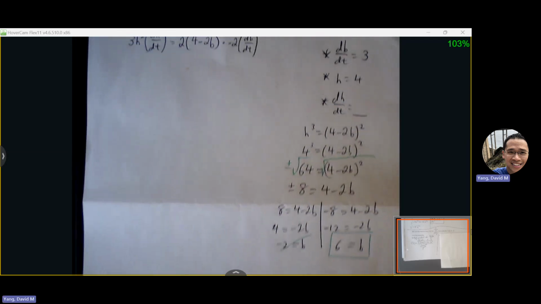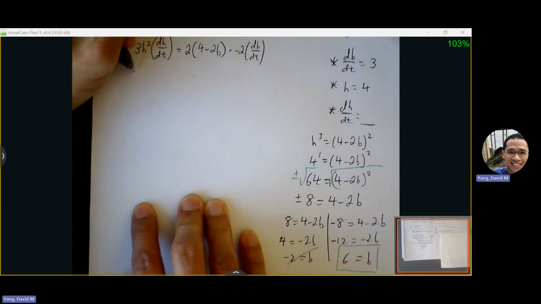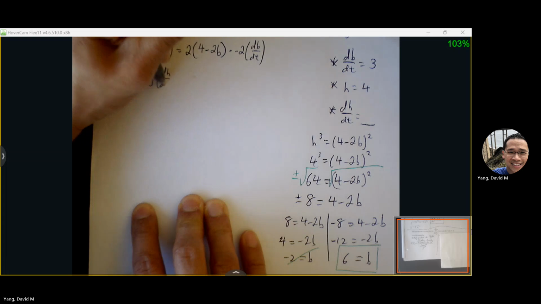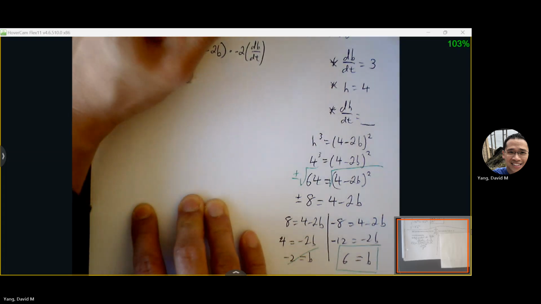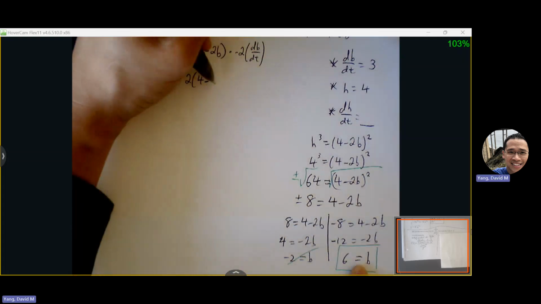Okay, so B is 6. And now we can go back to our original equation and put everything in and solve for what we're looking for. 3 squared. Two times B, 2 times 6 is 12.